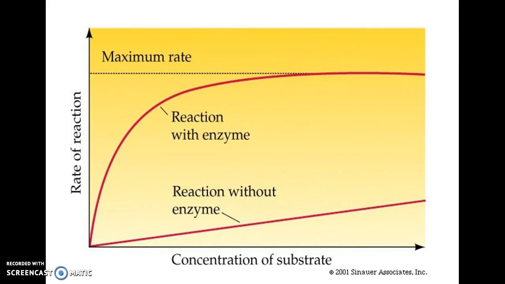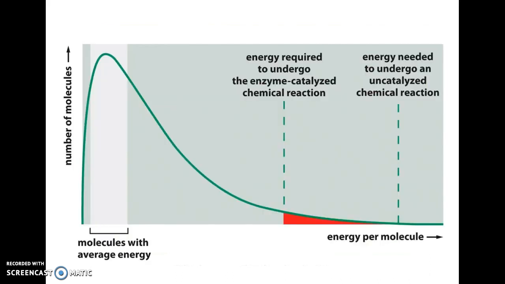With an enzyme, we have a quick increase in the rate of the reaction up to a maximal rate where all of the active sites of the enzyme are taken up by substrate. So, how is this important? Well, if we think about the average random molecular kinetic energy, some things are going to be higher and some things are going to be lower.